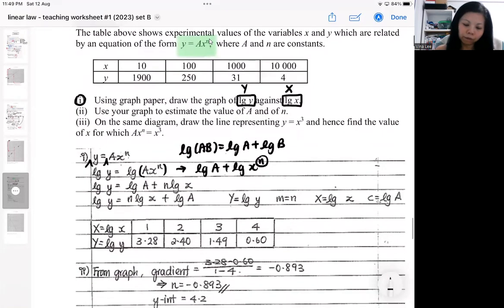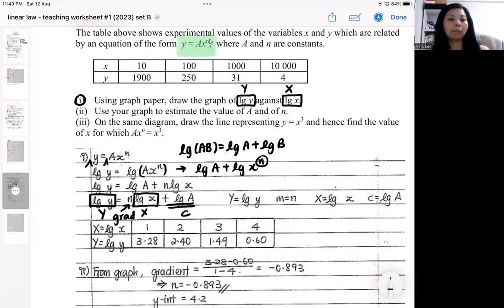And then if you reshuffle, you will get your capital Y, you will get your capital X. And the gradient is N. Later on, the gradient from your graph will help you to find the value of N. And the intercept from your graph will represent log A. So again, this is the step 1, linearize step.